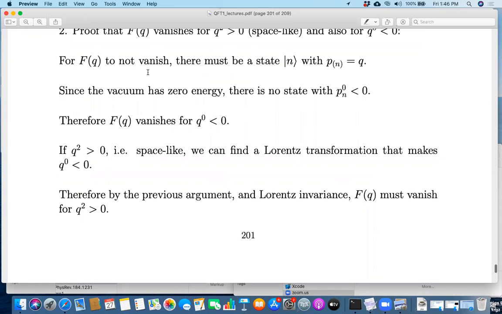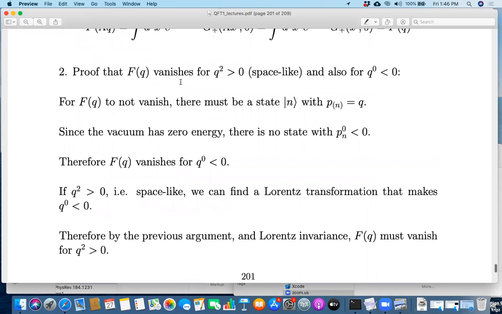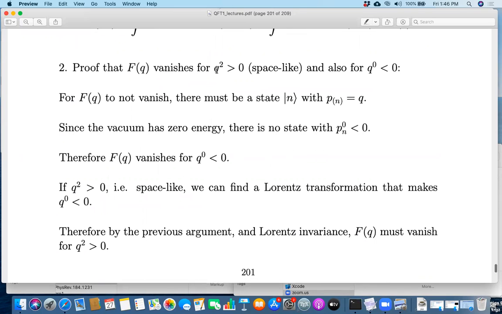So this finishes the second part of the proof, that f of q vanishes also for q square positive, or for space-like momentum. Are there questions? Okay, if not, let me proceed.